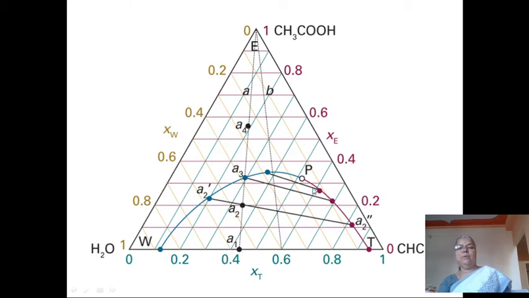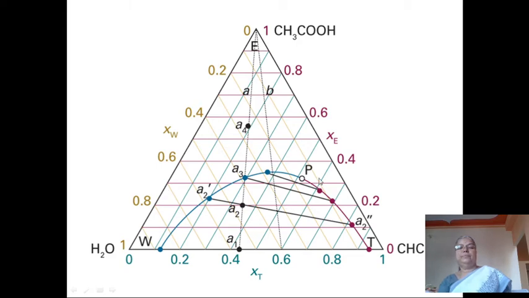Suppose this is a point inside the area, and at this point we can have the composition of acetic acid, the composition of chloroform, and similarly the composition of water also.